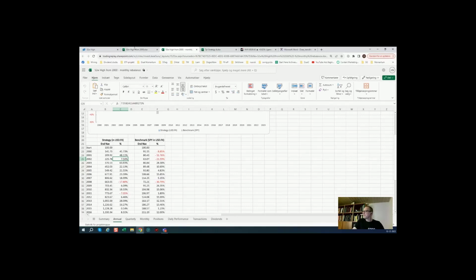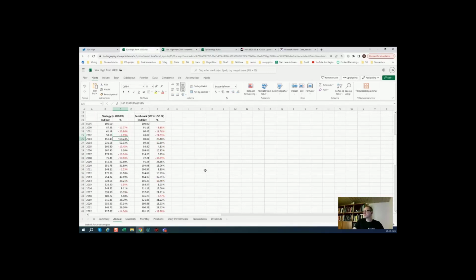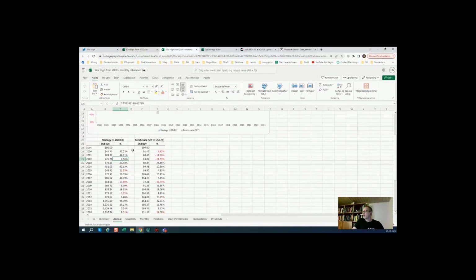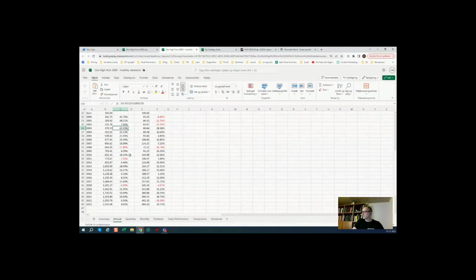Then we have a 160% year here in 2003. That is, of course, well and good, but I would like a 63 instead, and then not having had 3 years here with a ton of drawdowns. And as you can see, over these 23, 24 years, there is one losing year ending up in a loss of 17% in 2008.